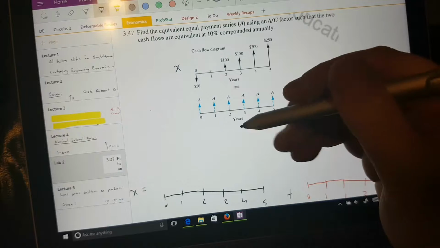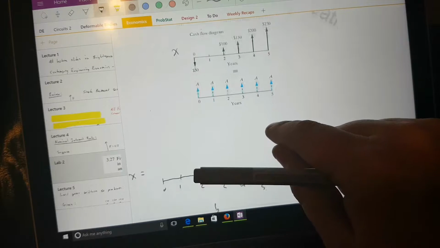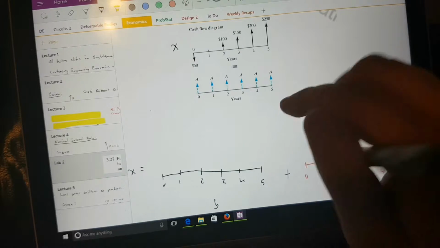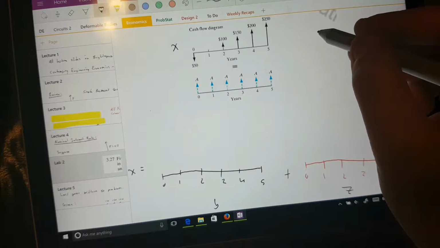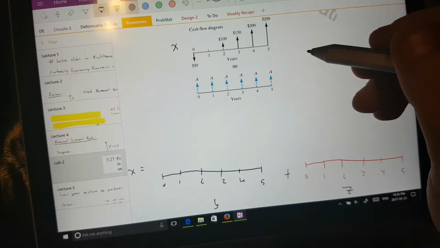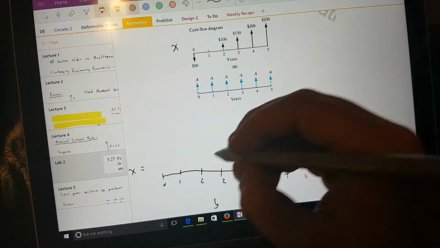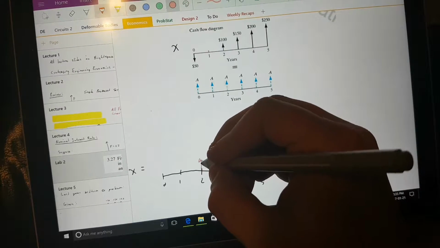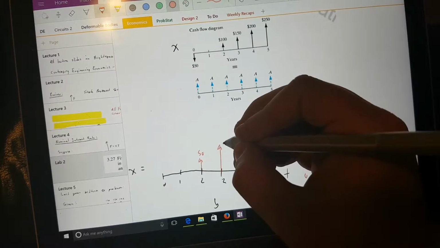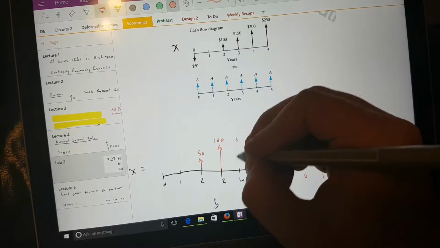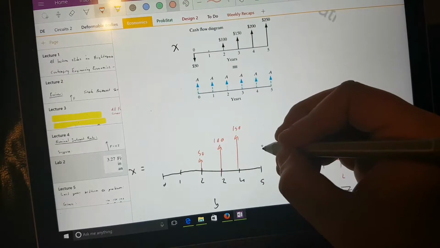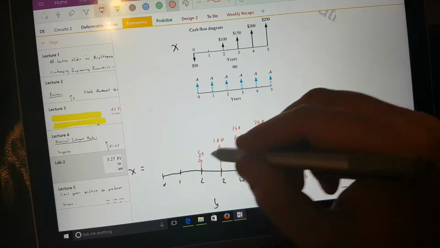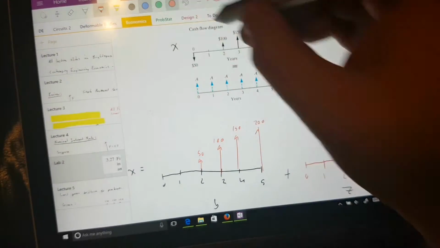I know. I'm going to take 50 off of all of these, right? 50 off of all of those. So I'm going to say this y is going to be 50, 100, 150, and 200. So I've got 50 left from all of these.